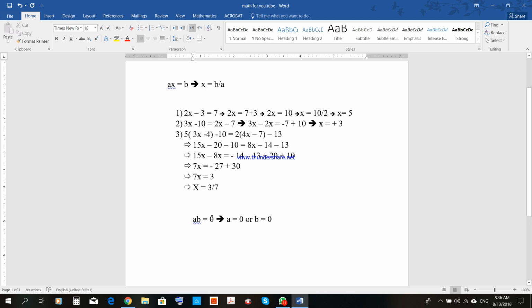Example, x times y equal 0 implies that x equal to 0 or y equal to 0.